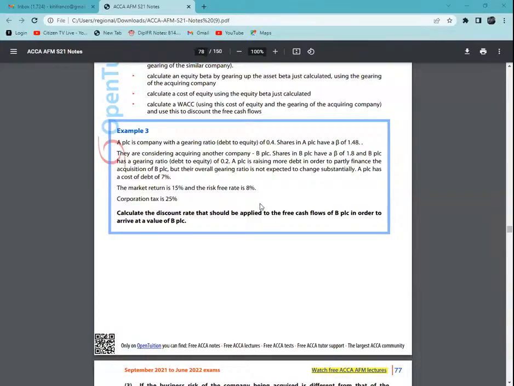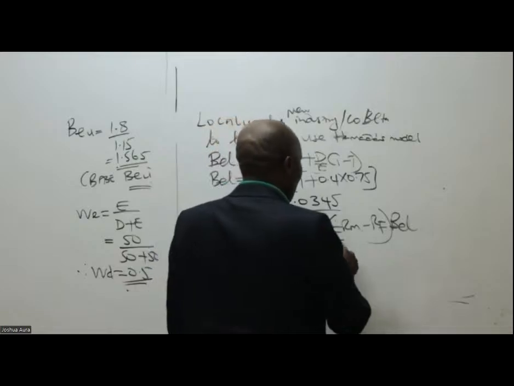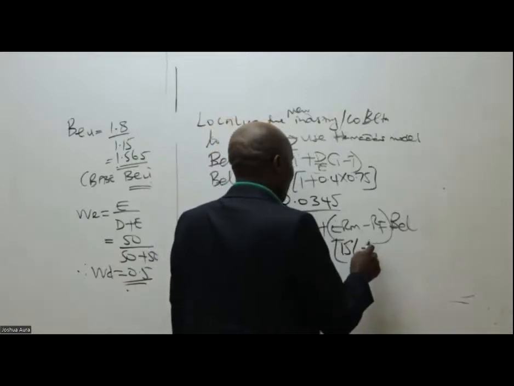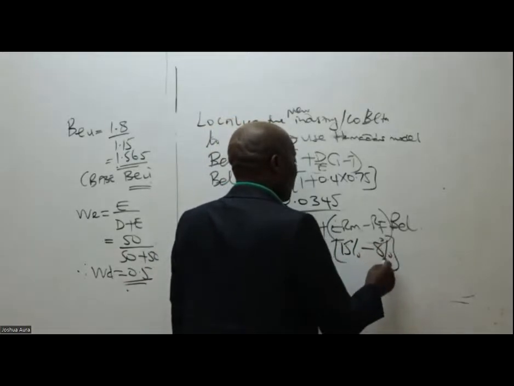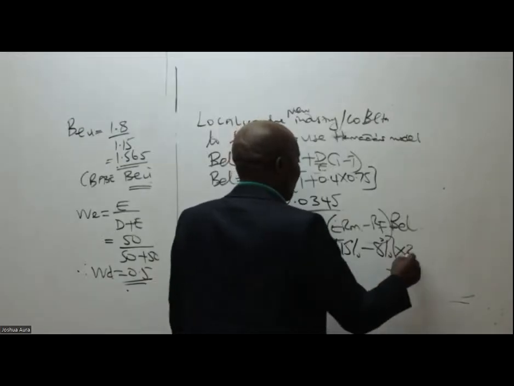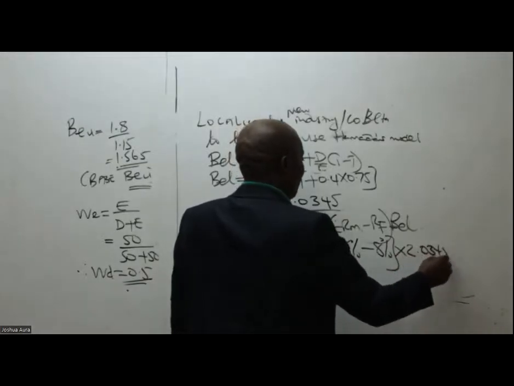Thank you so much. Plus, are you able to see the expected return of the market? Yes, market return here is 15%. So market return is 15% minus risk-free, which is 8%, multiplied by the beta that we got up here, which is 2.0345.